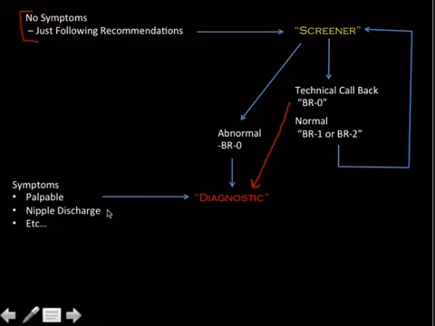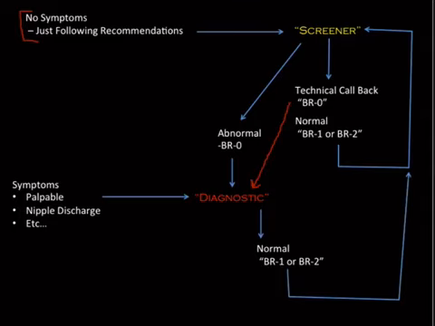So these are either going to be normal, where you don't find anything, any kind of finding, or it doesn't persist when you do spot compression, or you work it up and you find that it's a simple cyst, or it's a fat-containing lesion, and these people are going to go back into the screening pool.